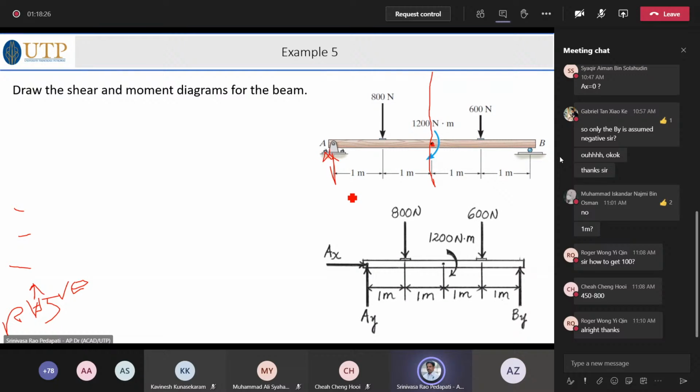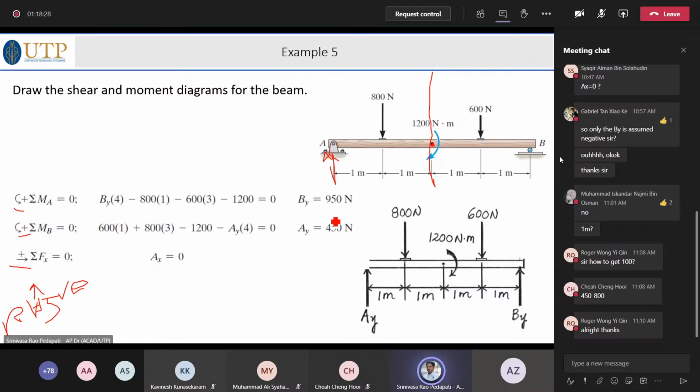This is AY. AY is 450. So 450 into 2 meters is 900, minus 800 times 1 meter, so 100. So 100 is the net, which is obviously what is shown in the figure.